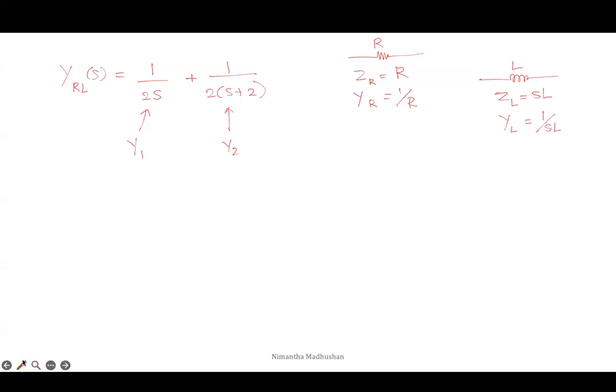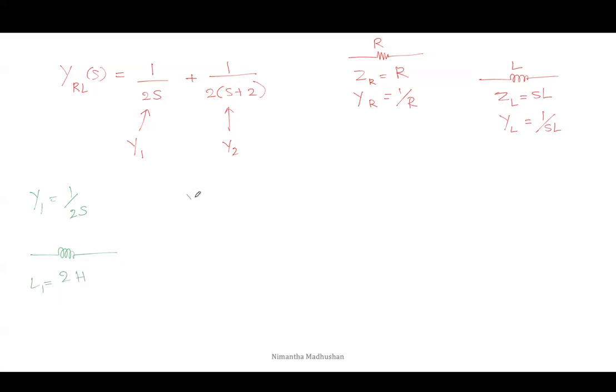First I consider Y1. Y1 is equal to 1 over 2S. When I consider admittance values, it is equal to the admittance value of an inductor. Then it will be an inductor, value is 2. This will be L1, 2 Henry.